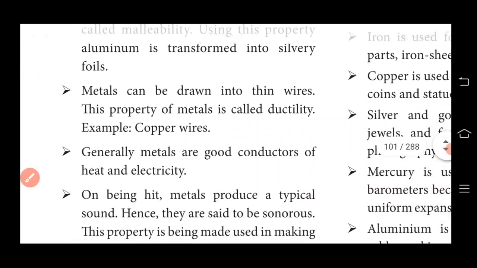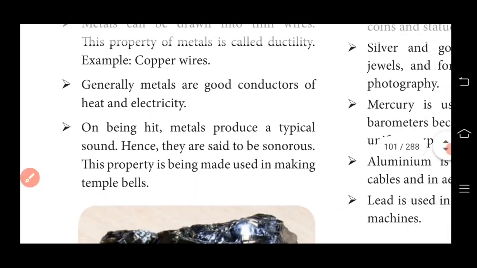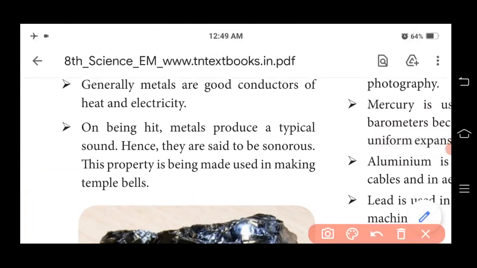And then generally metals are good conductors of heat and electricity. And then, on being hit, metals produce a typical sound.